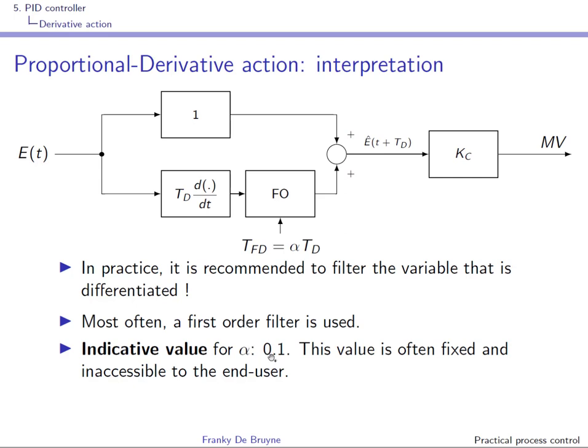This value of alpha is often fixed and inaccessible, or difficult to access by the end user, so you should take the documentation associated with your PID controller and read it to see if you can access this parameter and how. Sometimes you cannot access alpha, but you access directly the time constant of the filter.